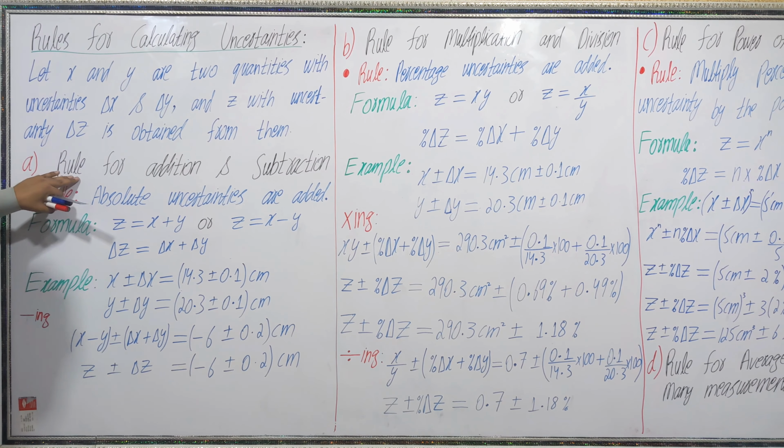If anyone didn't understand this point, this is the uncertainty, plus minus 0.1. This del represents uncertainty. Stop the video right here, go back to the previous lecture and watch it first.